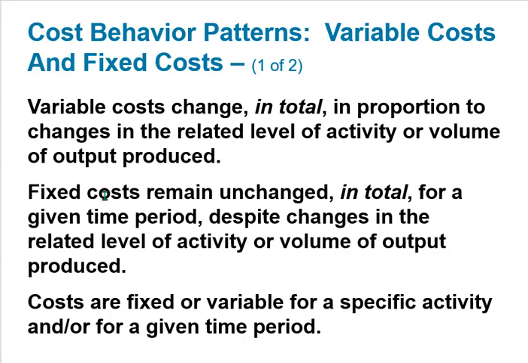Now, fixed costs will remain unchanged in total for a time period, but individually by unit they will change. If you look at variable costs by unit, they don't change. So it'll be just the opposite in here. And costs are fixed or variable for a specific activity and or for a given time period.